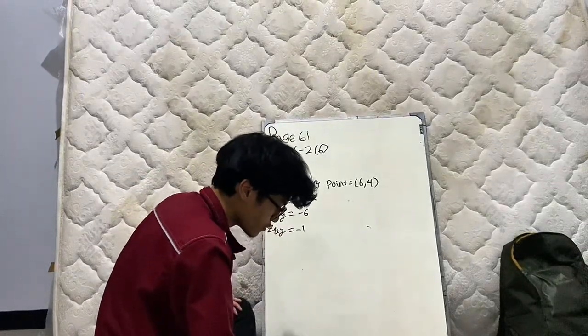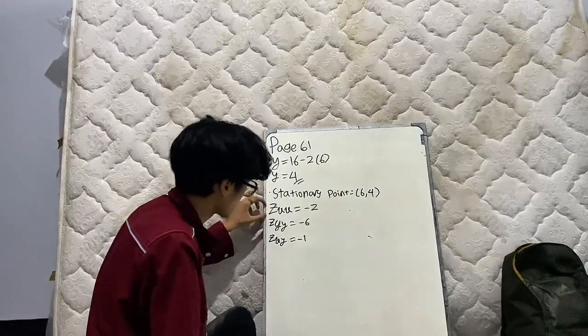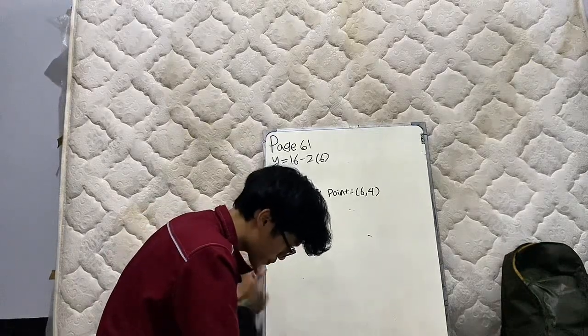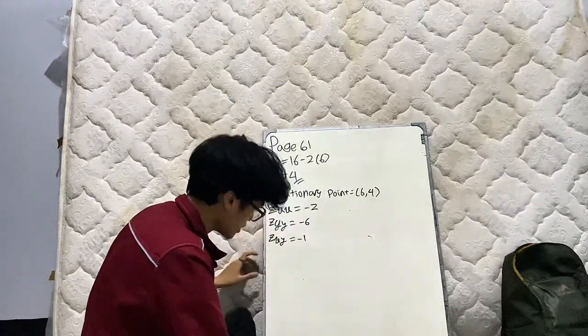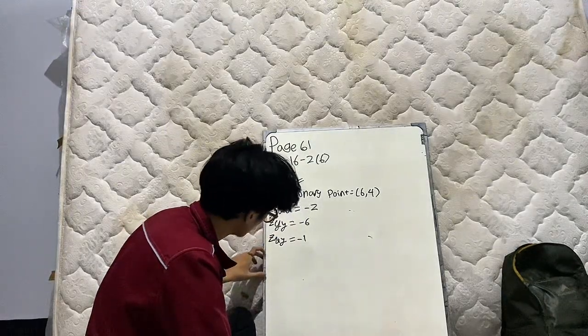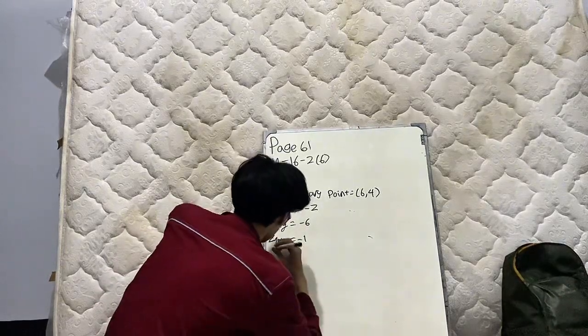Now we found the second order partial derivatives of x, y, and xy. After this, we use the second derivative test or the Hessian determinant.